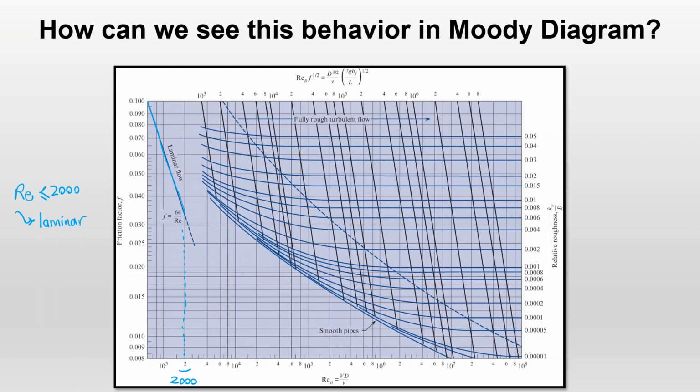Now, in between 2000 and 3000 or around 4000, we have transitional flow, right? So this area that I'm going over right now, with Reynolds number between 2000 and almost 4000, is the transitional flow.